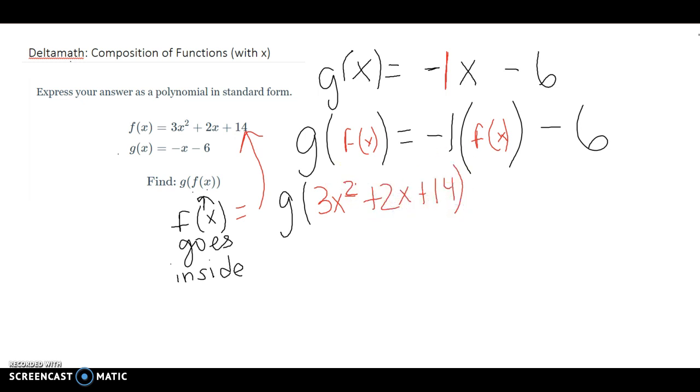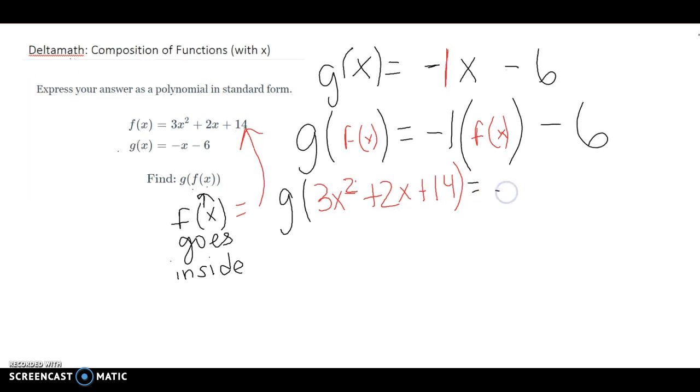So if I replace that side of my equation with the function, then I need to replace this side as well. So I have negative 1, and then I'm going to insert my function, which is 3x squared plus 2x plus 14.